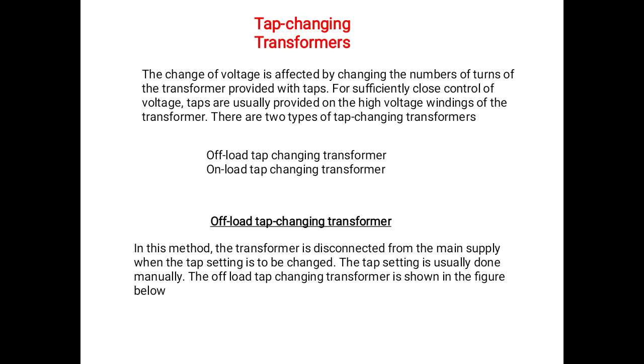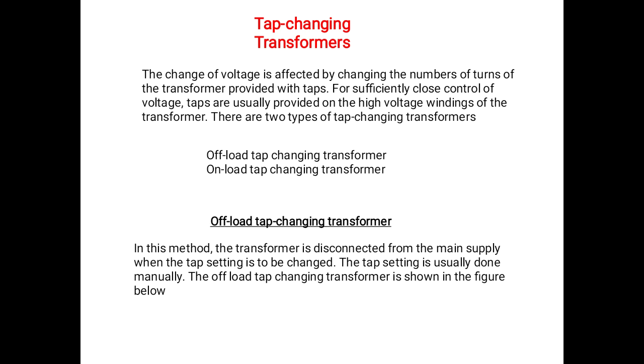Next is the tap changing transformer. The tap change of voltage is effected by changing the number of turns of the transformer provided with taps. For sufficiently close control of voltage, taps are usually provided on the high voltage side of the transformer.